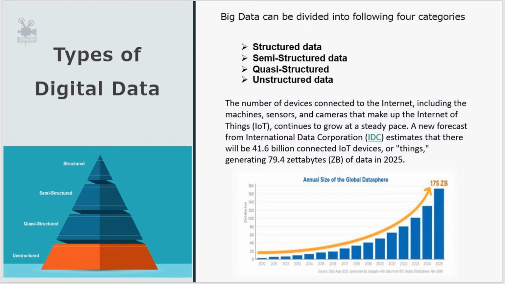Whereas if you look at the annual size of the global data sphere, by 2025 it is going to be 175 zettabytes. That's enormous. I hope you understand the significance of learning and understanding information systems, how we manage this data, data science, and so many associated fields, right? I think you are in the right set of videos learning good stuff.